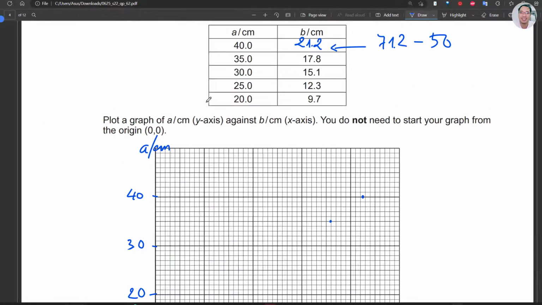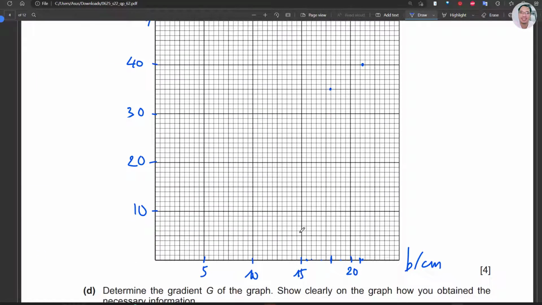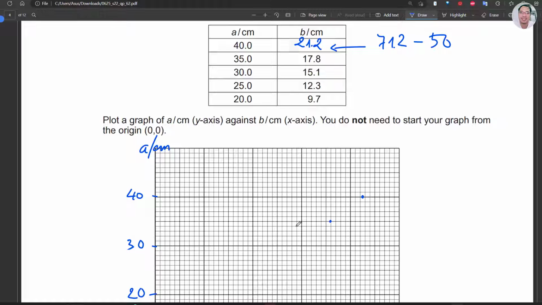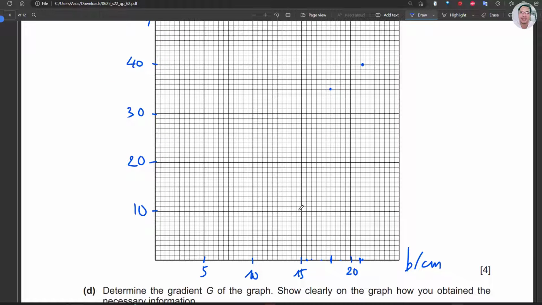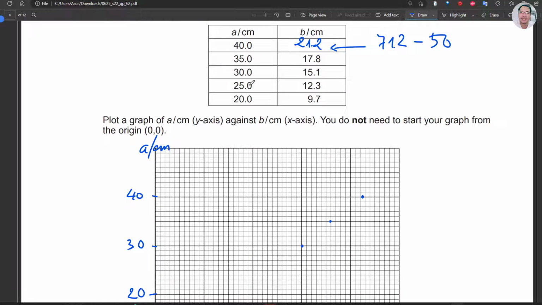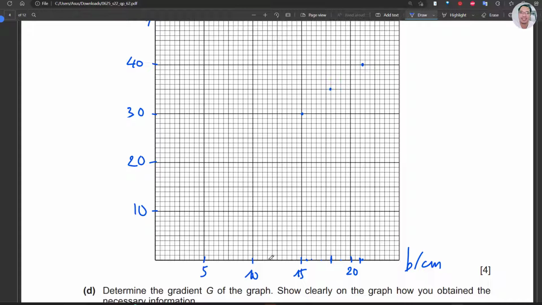The next point, 15.1, 15 right here, 30, so it cannot be a little bit to the right. Right here, next point. 25, 12.3, 11 here, 12 here, 12.3 here, 25 here.